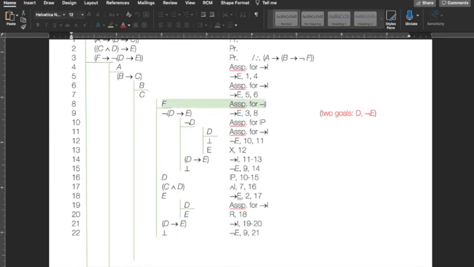I was looking for an assumption for negation introduction. To introduce a negation, I have to get a contradiction. I finally did under the same line as F. So this is within that subproof at the same level. That allows me to introduce not F outside of the subproof.